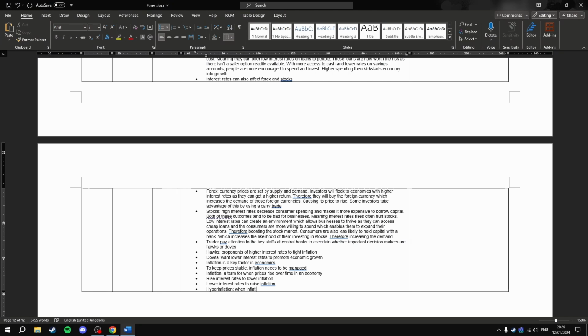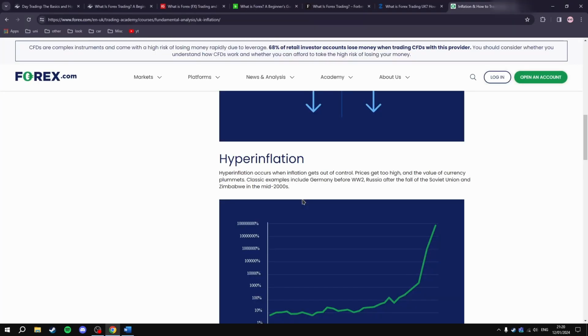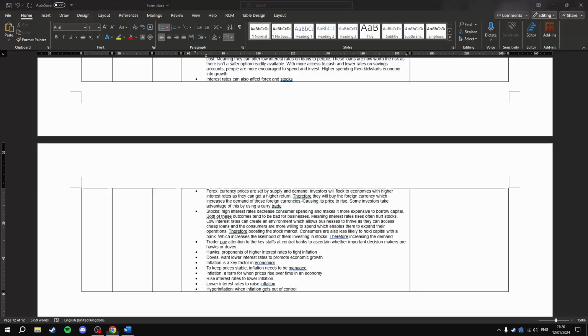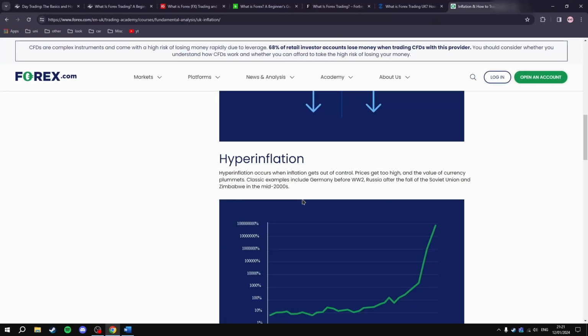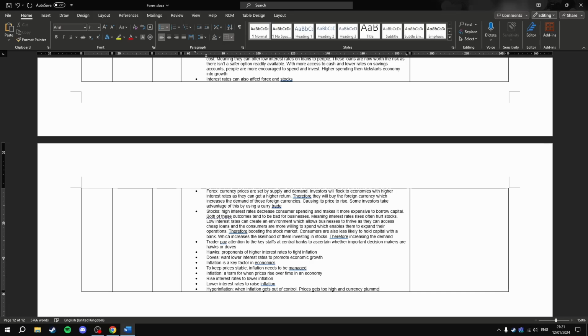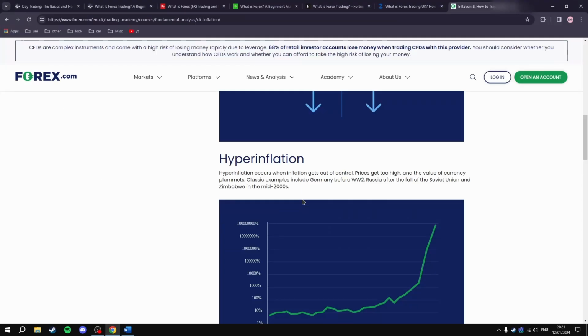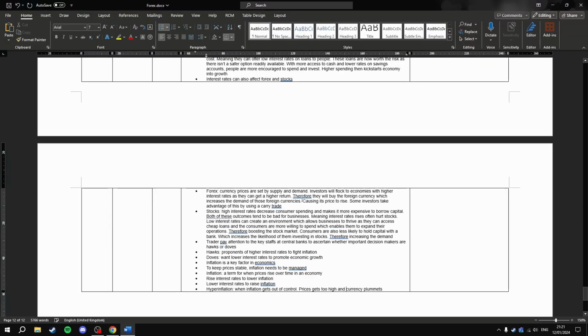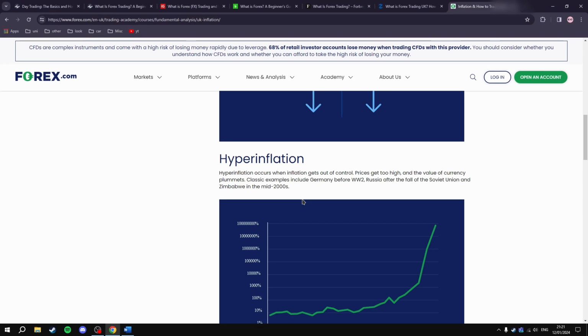When inflation gets out of control, prices get too high and the value of currency plummets. So I guess currency isn't worth that much.